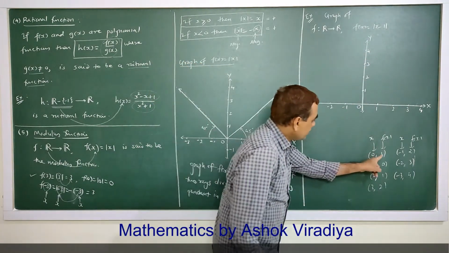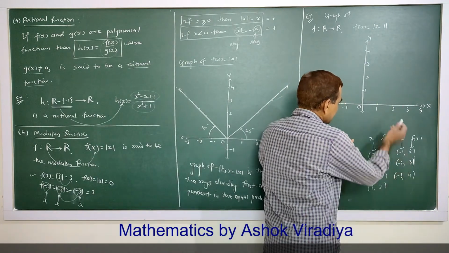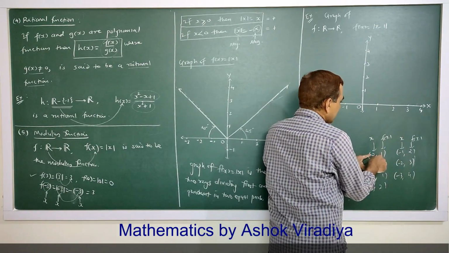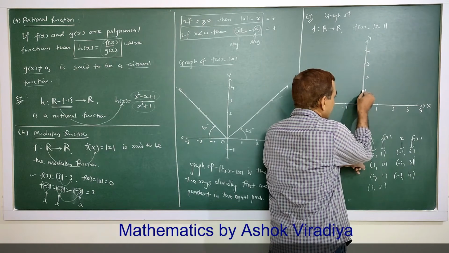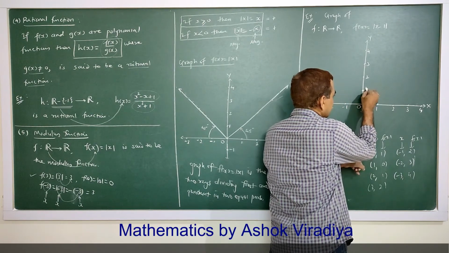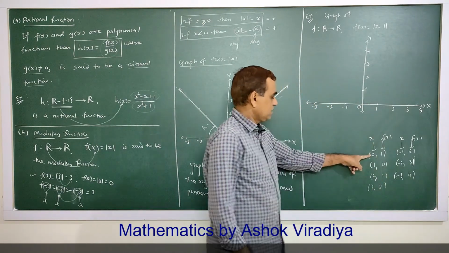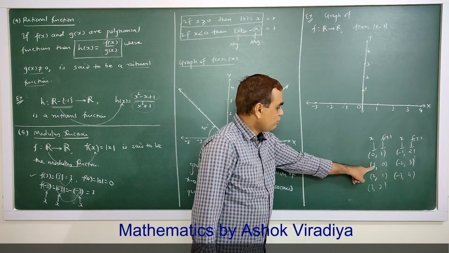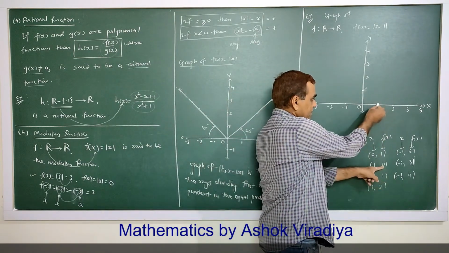So image of 0 is 1, this point is (0, 1). Image of 1 is 0, this is (1, 0).